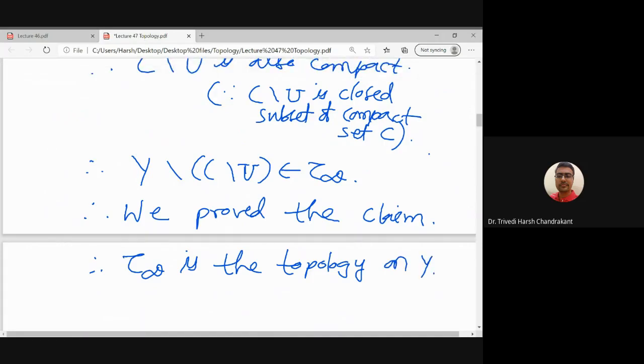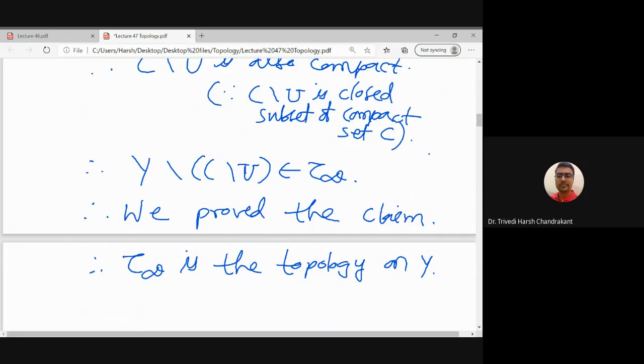So now we have proved that if we start with a locally compact space X, right, and on this locally compact space we consider Y, which is X union the point infinity, then on that set we have defined tau infinity, which is a topology.